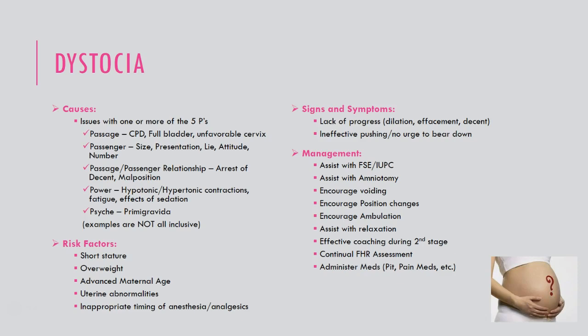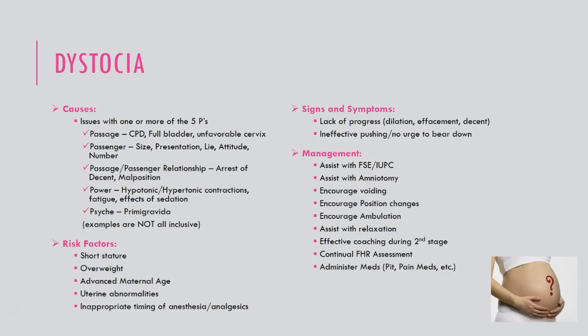Making sure that the patient's bladder is not distended, so encouraging voiding, encouraging position changes, because if the fetus is in a posterior position, utilizing position changes to hopefully make it turn into an anterior position could help dystocia.